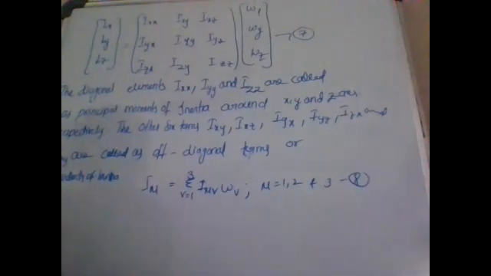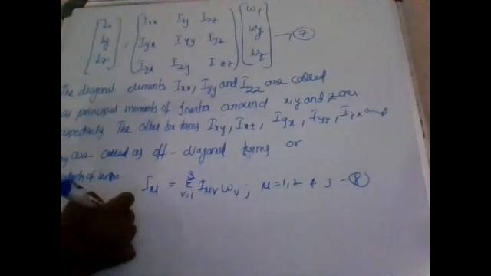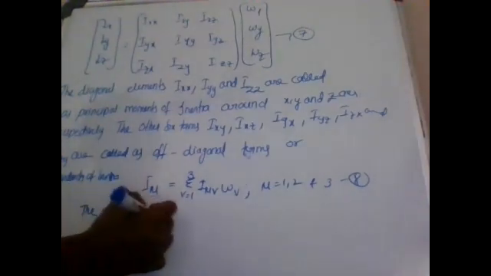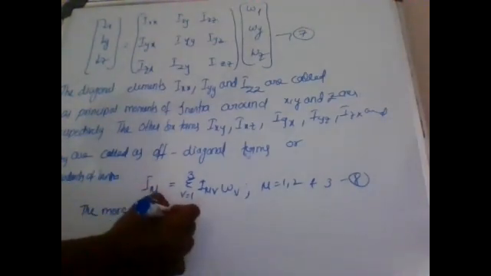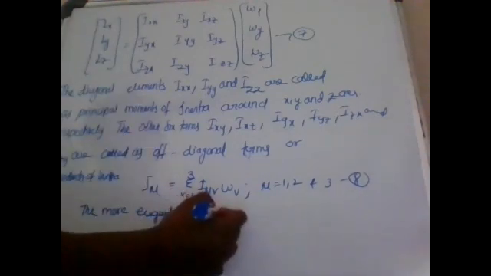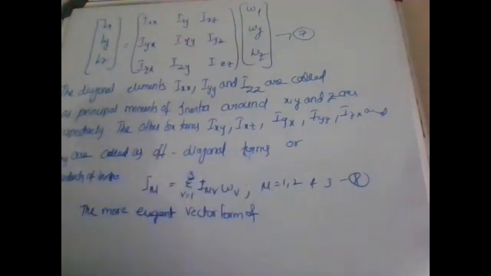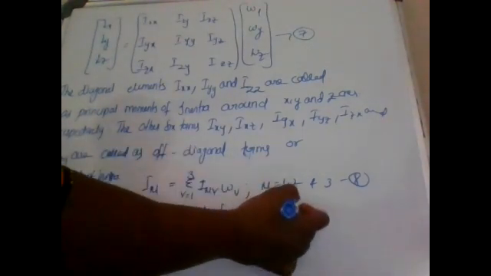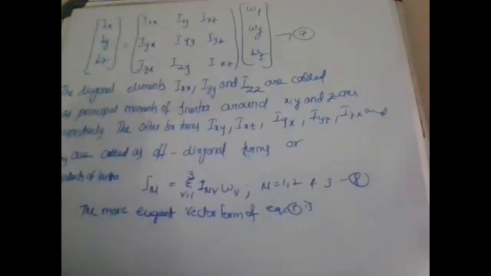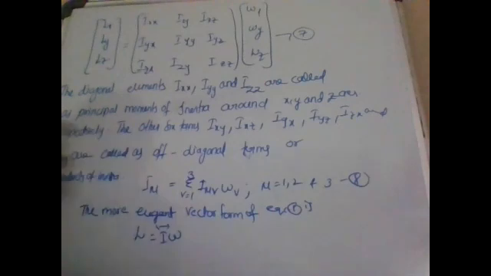So the more elegant vector form of equation 8 is L = I ω.